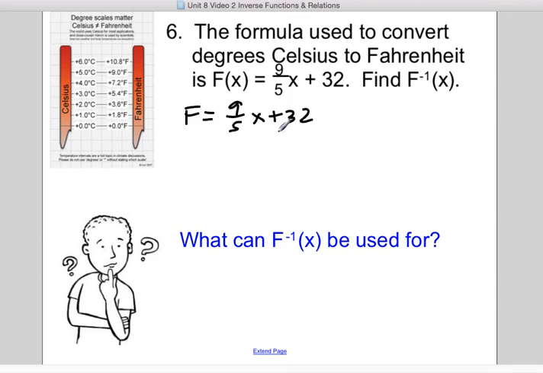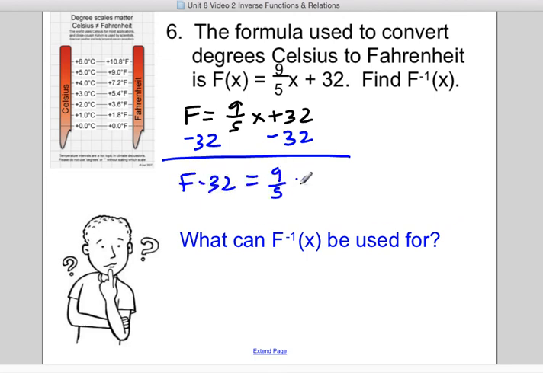First thing I would do is subtract 32 from both sides. So we have F minus 32 is equal to 9 over 5 x. Multiply both sides by the reciprocal. I had to put this in parentheses. These will cancel, and I'm left with x is equal to 5 over 9 times F minus 32.